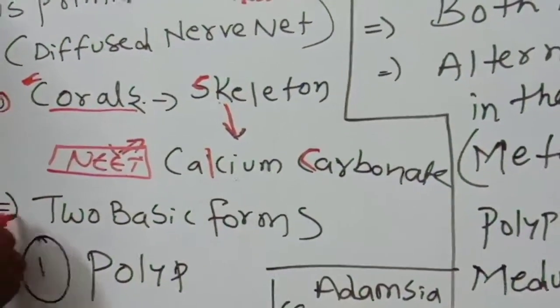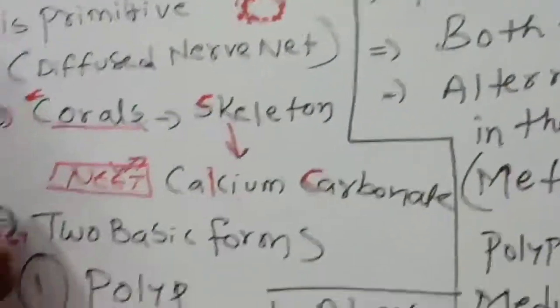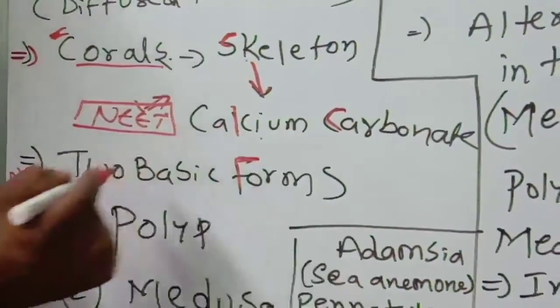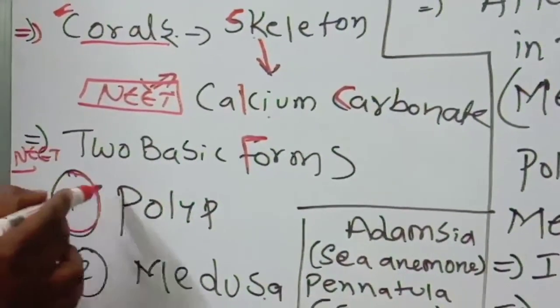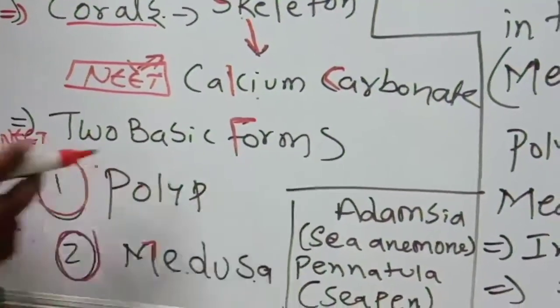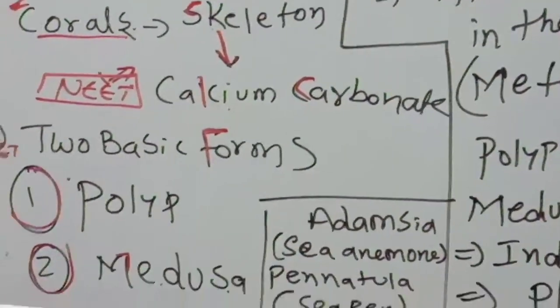Next, most important, the cnidarian's life shows two basic forms. What are the two basic forms? Number one is polyp. Number two is medusa. What is polyp? What is medusa?